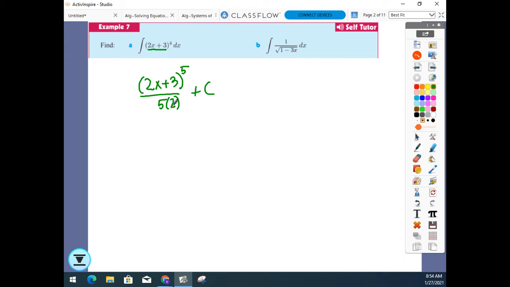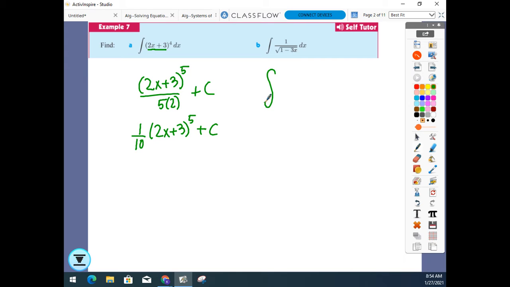Because I'm putting 2 in the denominator with the 5, really I can just multiply those two together. I'm just going to put that out front as a constant, 1/10, instead of dividing the whole thing by 10. You can either put it in the denominator here, it's just a little bit cleaner if you put it as a coefficient out front.